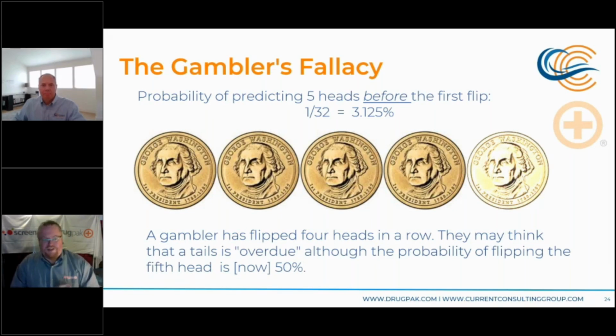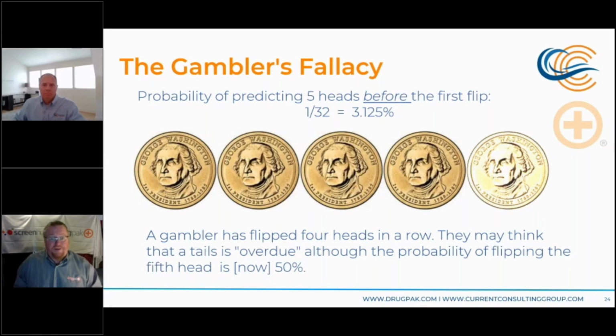So, about a 3% chance. Now in this scenario, a coin has been flipped 4 times, and it's come up heads every time. The gambler says there's very small odds that the next coin is going to be heads. Tails is overdue, right?